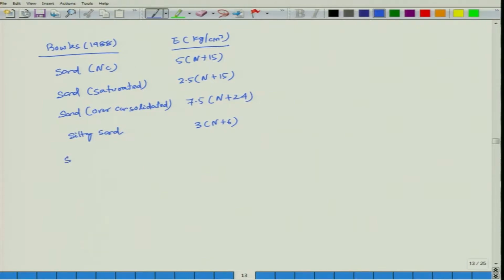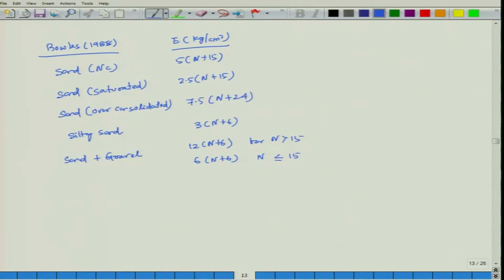Then sand plus gravel, it is 12 N plus 6 for N greater than 15. Then this is your 6 N plus 6 for N less than or equal to 15. This is what is given by your Bowles 1988.